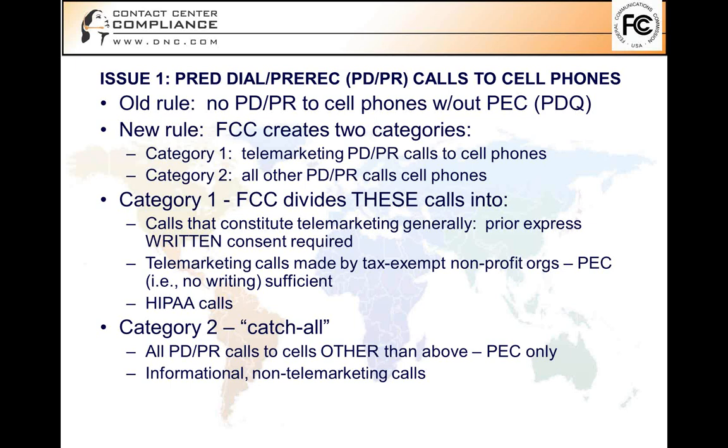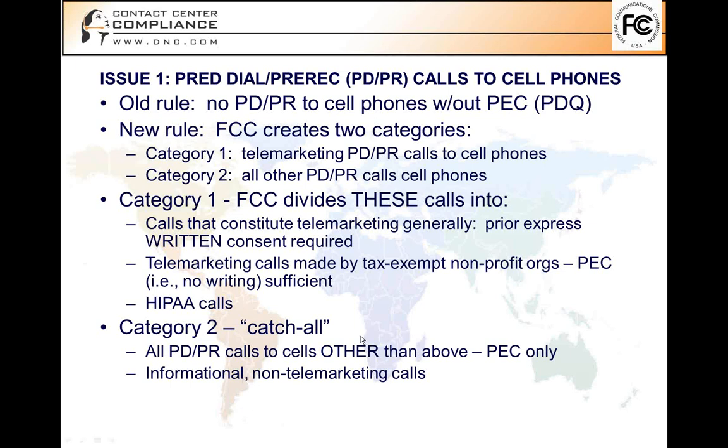And we're still dealing with the same framework where the FCC has ruled that if you're making a predictive dialer call to a wireless number, and that wireless number was provided by the called party in connection with an existing debt, then it's implied that prior express consent exists for that call.